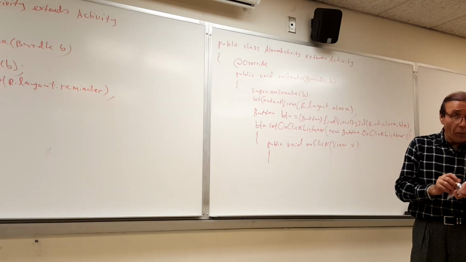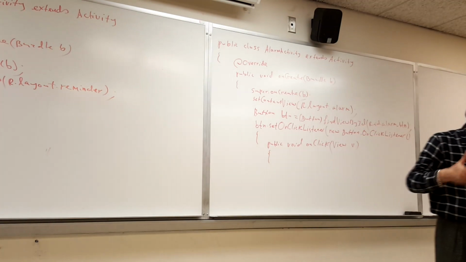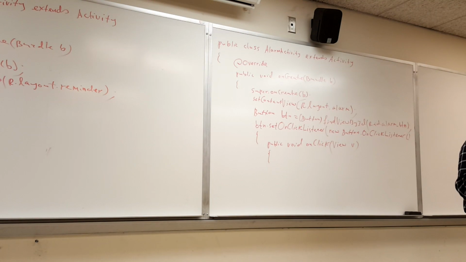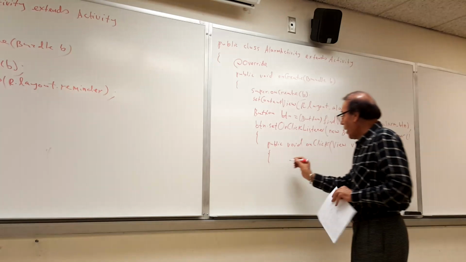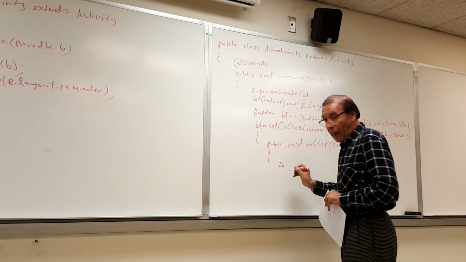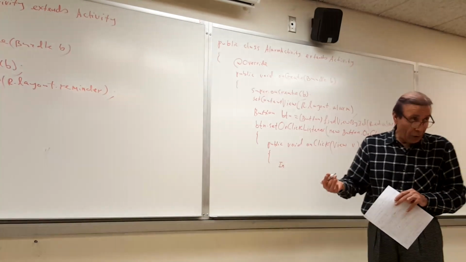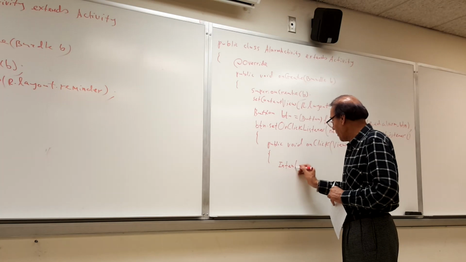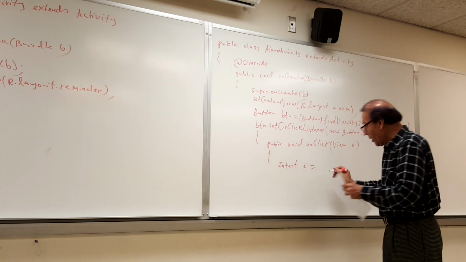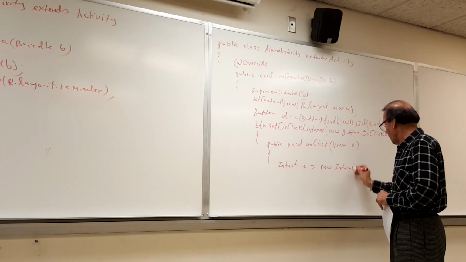First of all, now pay attention. Everything's very simple so far, but now we need to create an intent, right? Because when you're firing up something, an intent should be fired up. So the very first thing is create an intent. We create a regular intent, and after that we're going to create a pending intent based on the regular intent. This is the way that we do it. Intent i = new Intent.